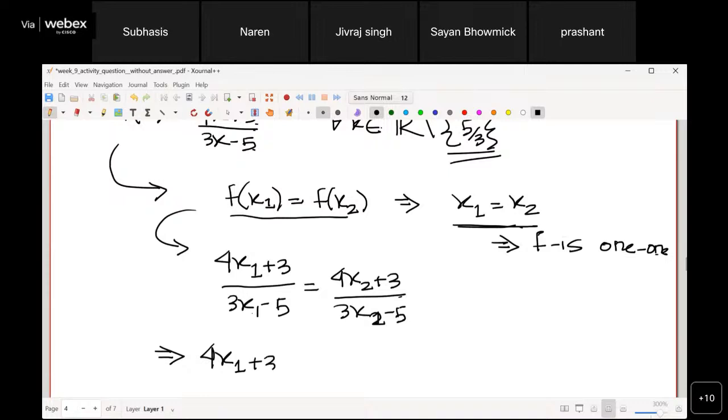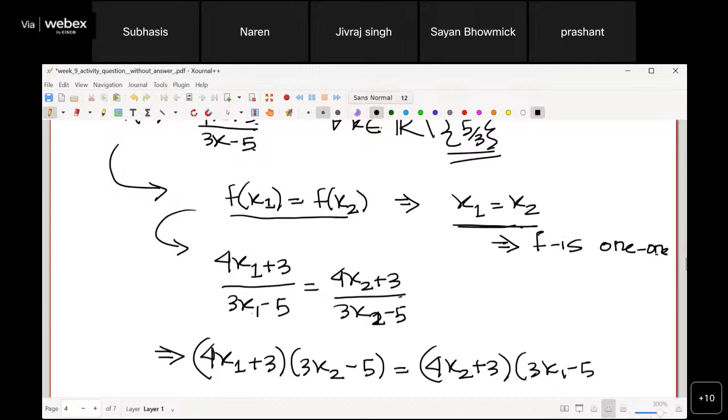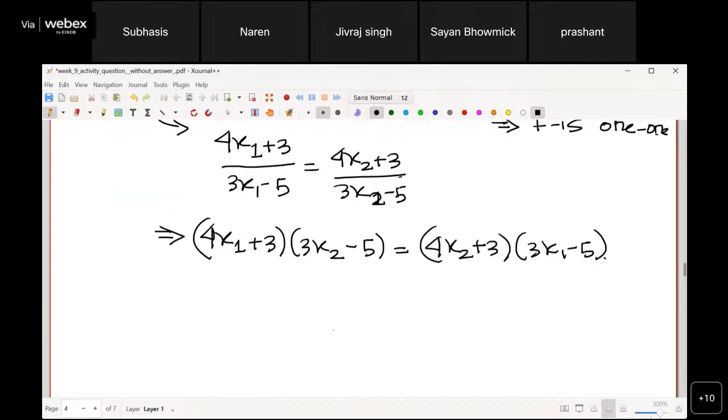So (4x1 + 3) times (3x2 - 5) is the same as (4x2 + 3) times (3x1 - 5). Correct or not? Now let me complete it by multiplying.